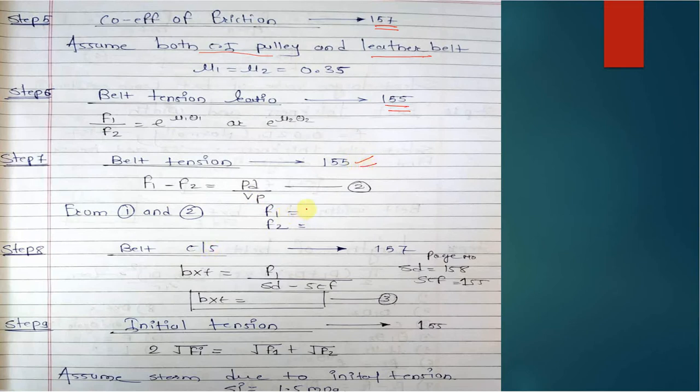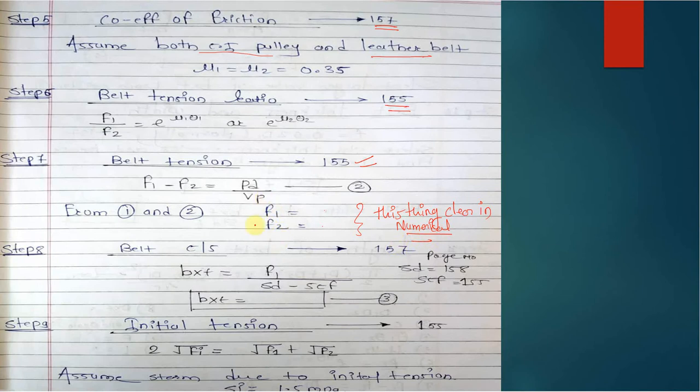Here you may have confusion about what is F1 and F2, so don't get confused. When we solve the numerical, then we can discuss what is F1 and F2 and how to calculate. This thing is clear in numerical.